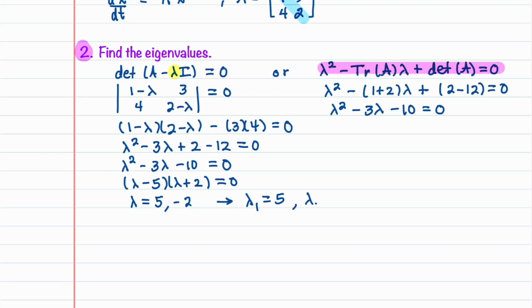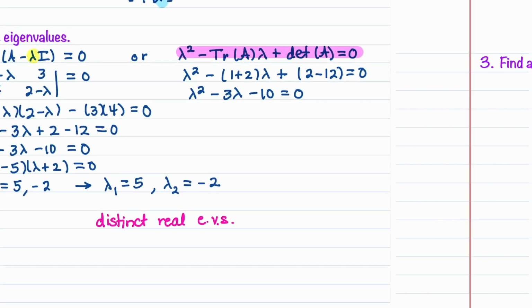And then I'm going to let lambda 2 be the other one, which is minus 2. Now, before we go to step 3, we have to look at these eigenvalues and note what type they are. These are distinct real eigenvalues. Knowing this is going to enable us to choose the correct form for the solution.